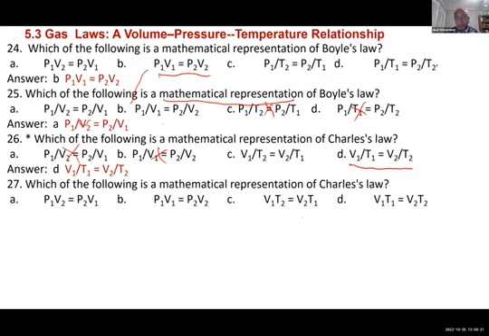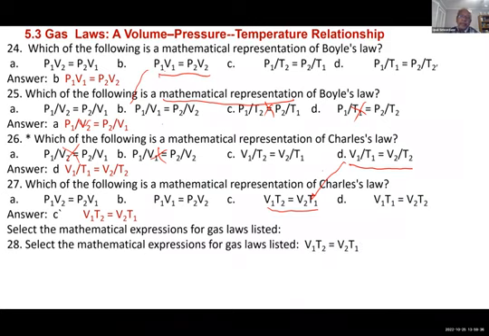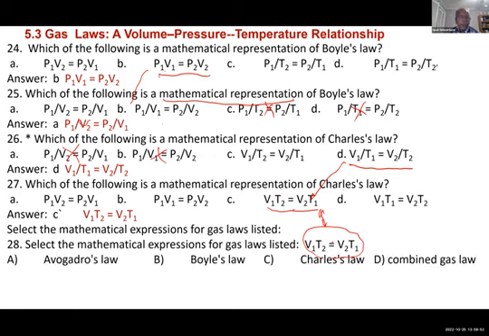It has to be this. You can rearrange this to this one. So the answer is C. Select the mathematical expression for the gas law listed. We already came up with that. These two are the same. That's Charles' law. So the answer is C.